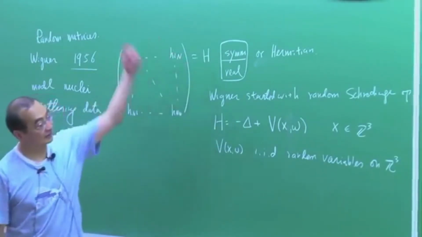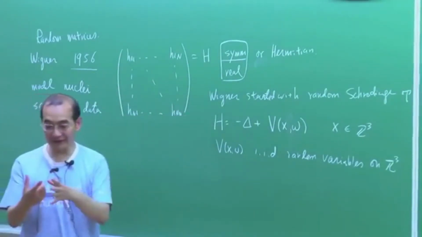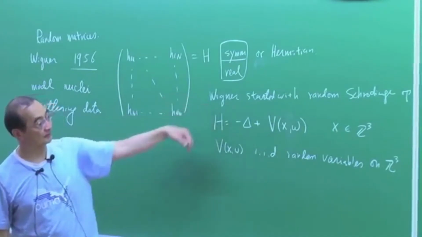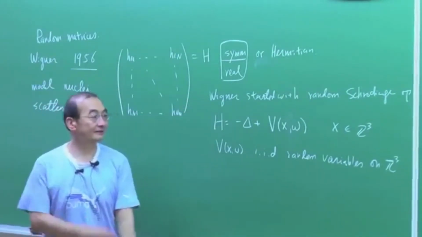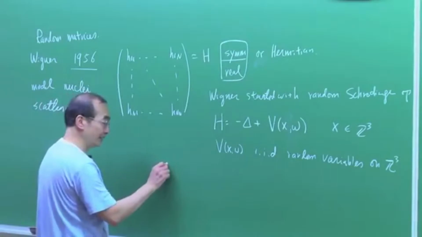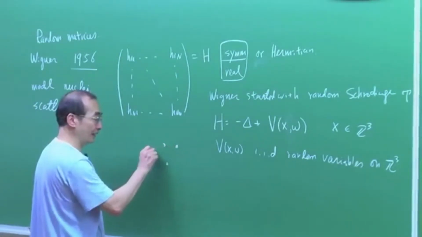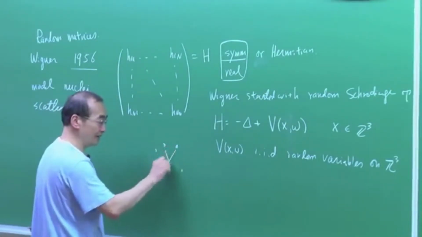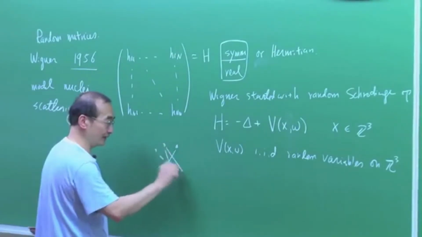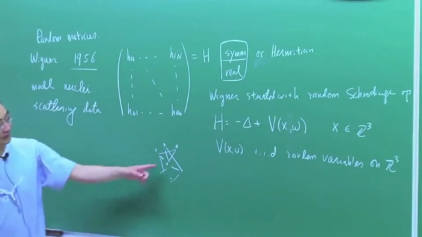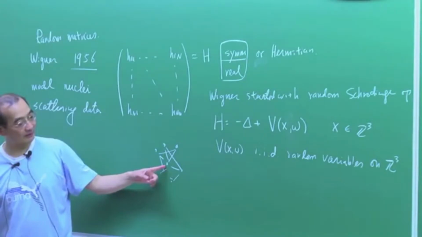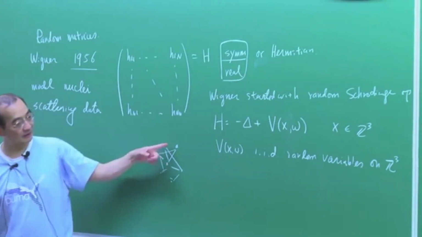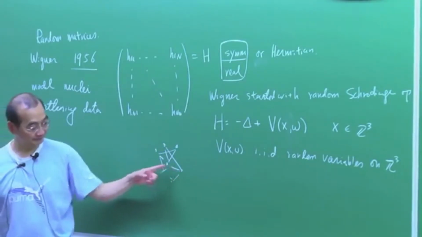The idea was, if you want to study the spectrum of these heavy nuclei, you can think about one particle interacting with many particles. They have interactions, and it's very complicated. So to make things easier, you just look at one particle, which feels the environment given by all the other particles.